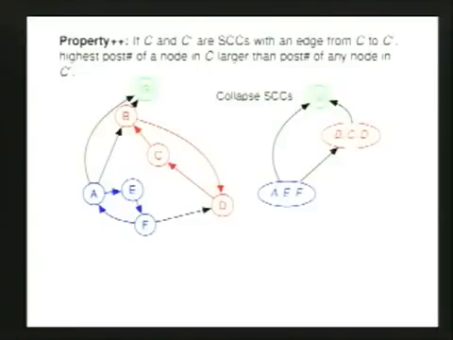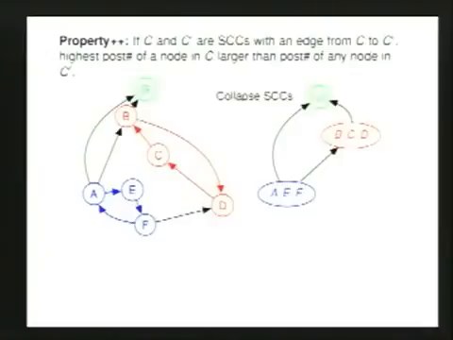So what it says is that if C, let's think of these two components, A, E, F, and B, C, D. Those are two components. Let's think of C as AEF and C prime as BCD. So there's an arc from some node in AEF to some node in BCD.